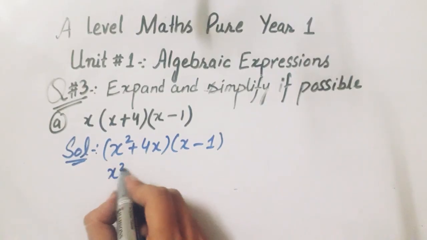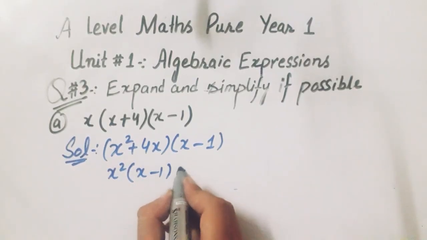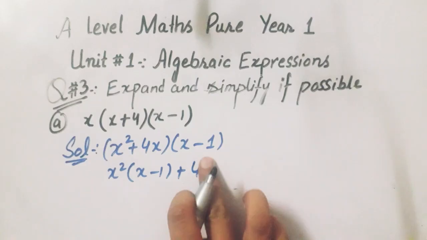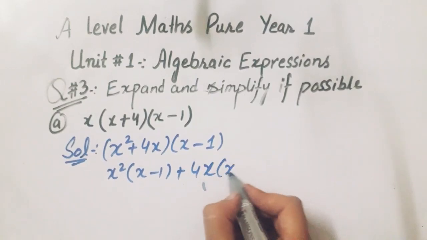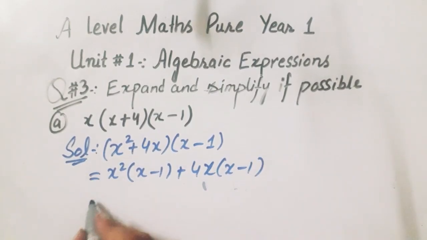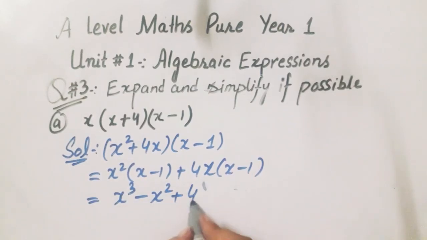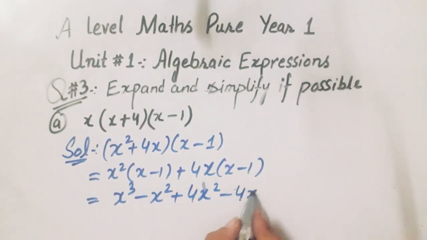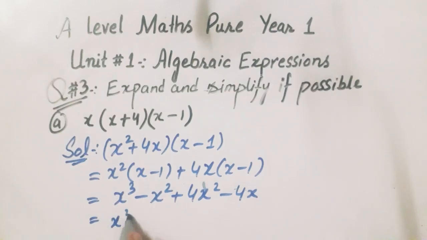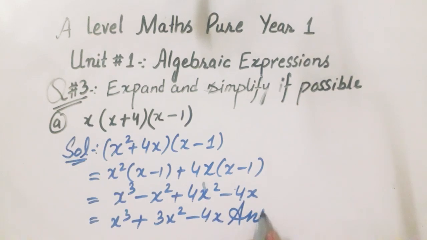So first x square is multiplied by x minus 1, then plus 4x is multiplied by x minus 1. So we get x square into x is x cube minus x square plus 4x square minus 4x. So we get x cube, 4x minus 1 is 3x square minus 4x. So this will be the answer.